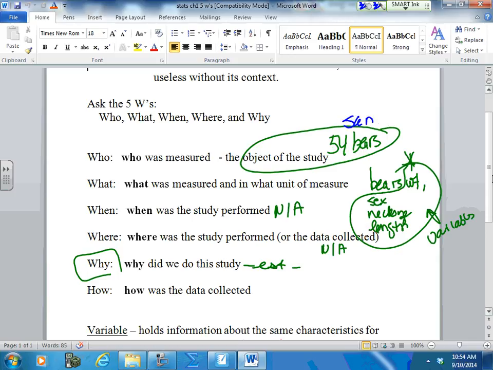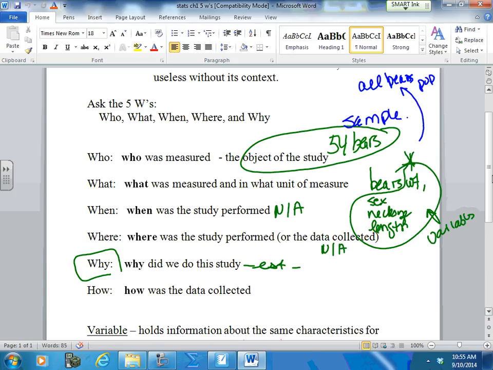Their population was all bears. We don't exactly know where this was done. If it's done across the United States, maybe 54 is not enough. If it's done in the Pocono Mountains, maybe 54 is a good amount. That's something we don't know.